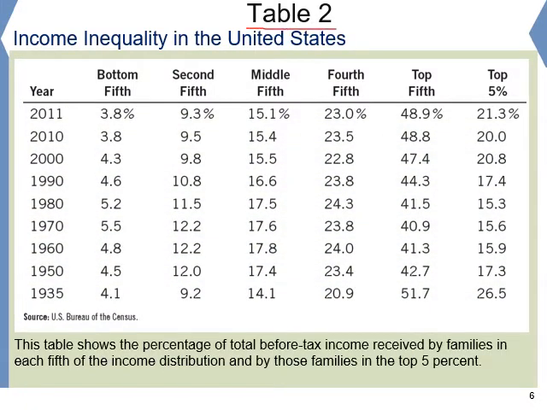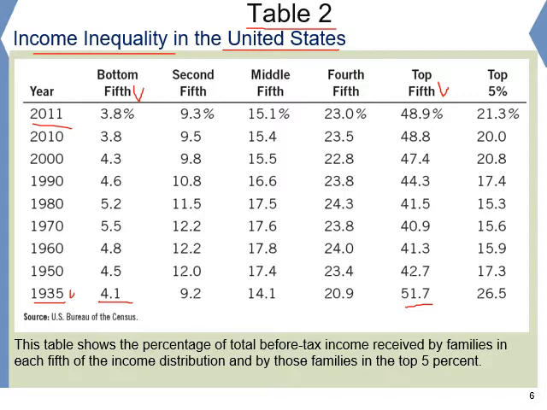Table 2 summarizes the income inequality in the United States from 1935 to 2001. For instance, in 1935, the poor group, which is the bottom fifth, earned 4.1% of the income, versus the top fifth group, which is the richest group, 51.7%.